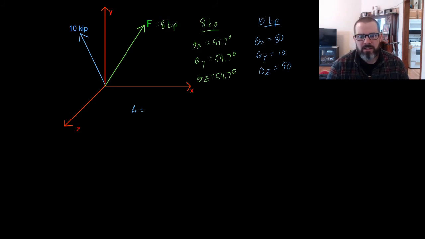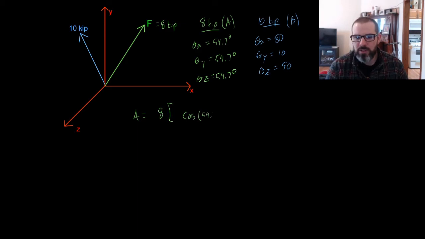Let's call our 8 kip force A. Our 10 kip force, we can call B. And then we can say that A is equal to 8 times the cosine of 54.7 plus the cosine of 54.7 plus the cosine of 54.7.